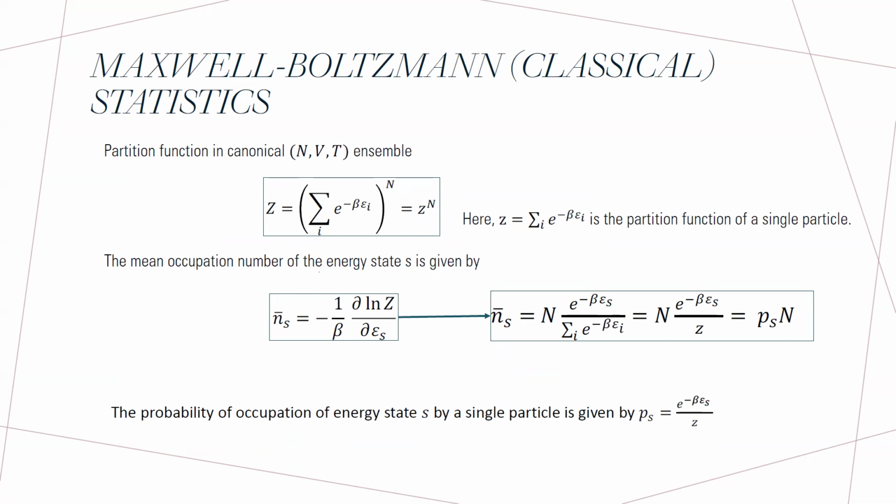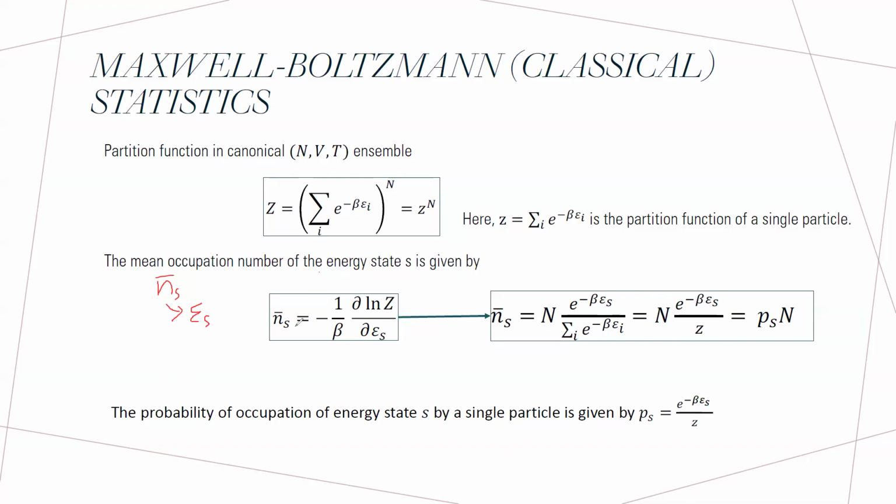And then if we want to calculate the mean occupation number, which is denoted by n_s bar, where s denotes the s-th energy state, this is the mean occupation number at the energy state with energy epsilon s.